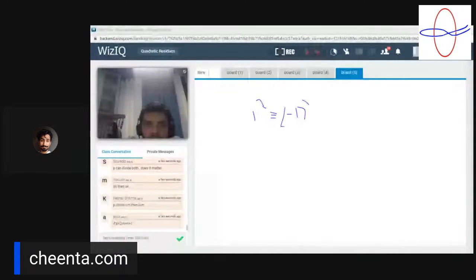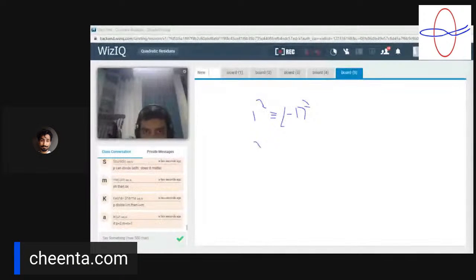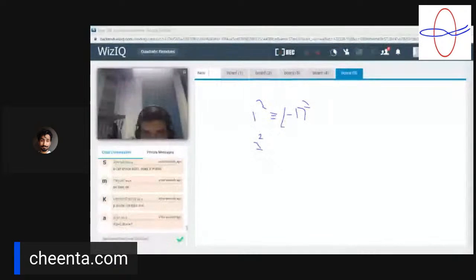And further, just as we showed, none of these values are really equal to one another. So 1 square cannot be equal to 2 square, and so on, up to (p-1)/2.